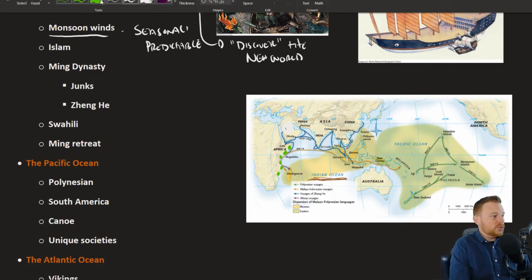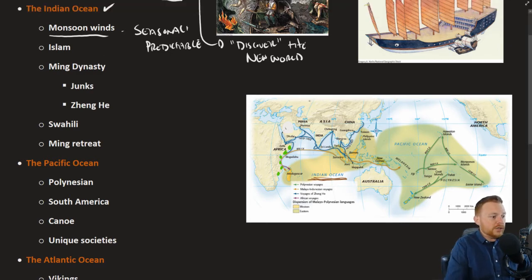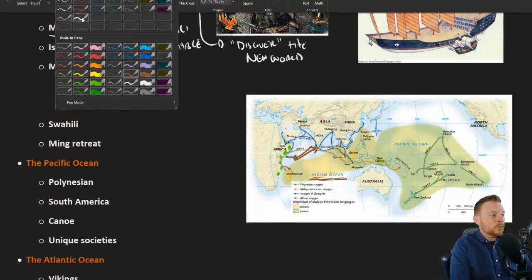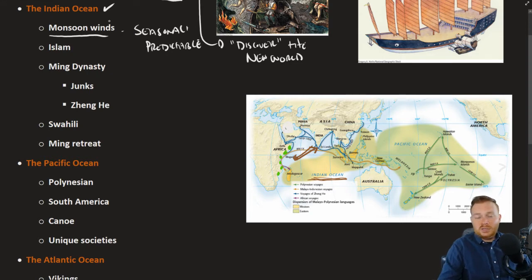So the monsoon winds for one season, for example, may have blown this way, and then the other season may have blown this way, and this happened every single season. So people had been traveling, or at least expanding and exploring the Indian Ocean for a very long time, 1,000 years before 1450. There's a huge increase in maritime activity in the Indian Ocean with the introduction of Islam.